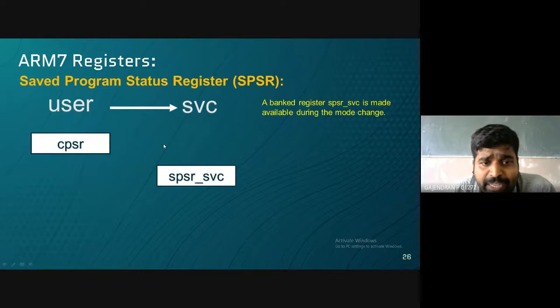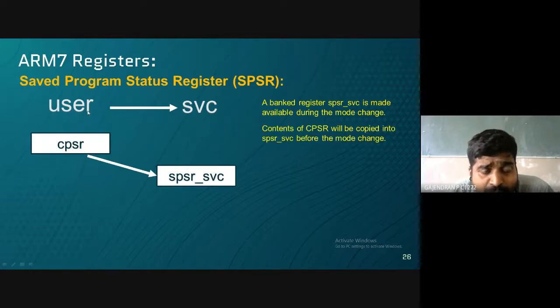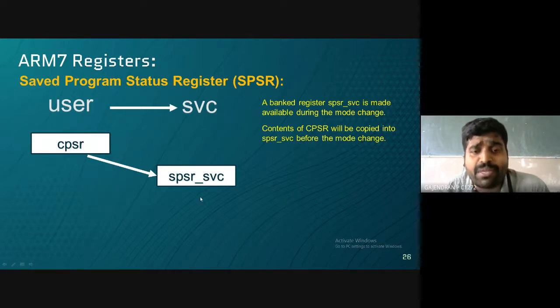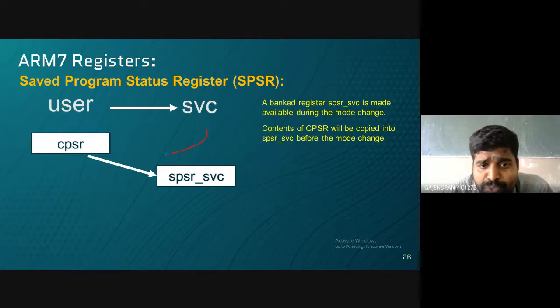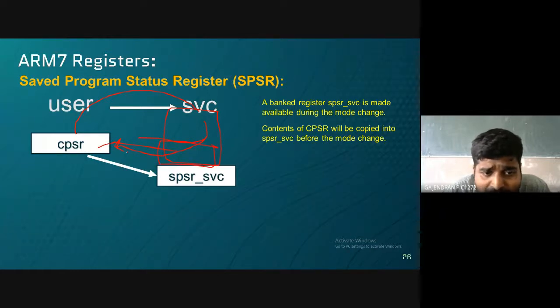At that time I need to make a copy of the user mode CPSR content and copy it into the saved program status register of the supervisory mode. Can anyone tell me, once I switch back from this mode to that mode, what we will do? Any idea? When going from user mode to supervisor mode, the same CPSR is needed here, so we copy it into the SPSR here and then work.